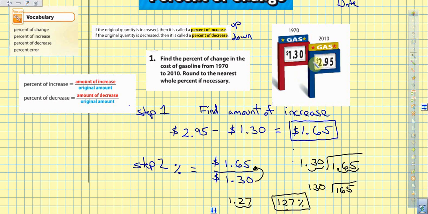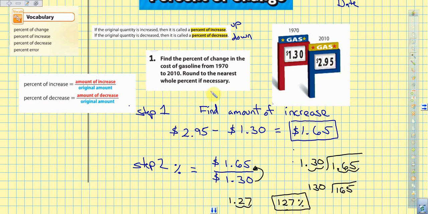You can see that if we increased it by 100%, that would be doubling $1.30, and if you double $1.30 you get $2.60. But it's over $2.60. It's $2.95, so it went over 100%. So if it were a 100% increase, that would be $2.60, and we went all the way to $2.95. When we look back at this, our answer makes sense.